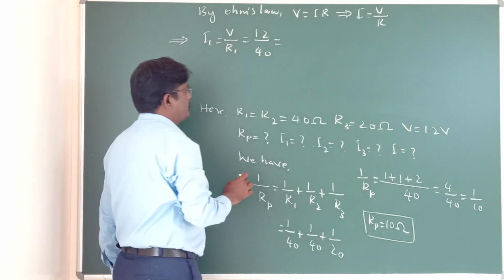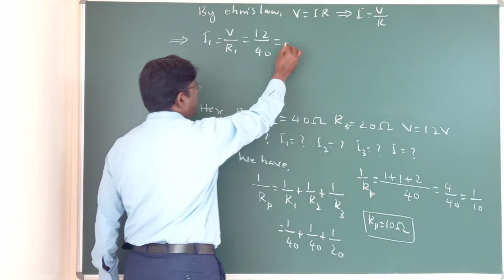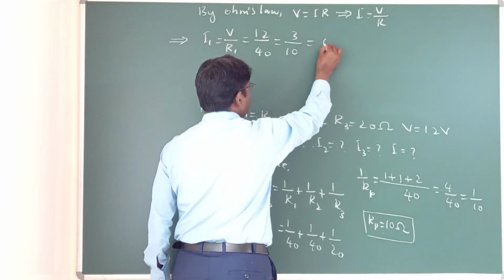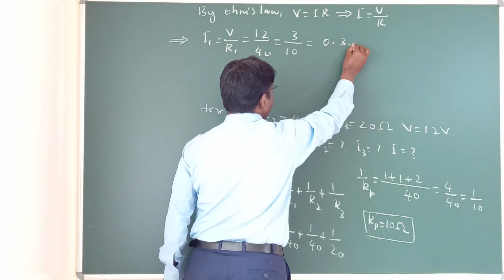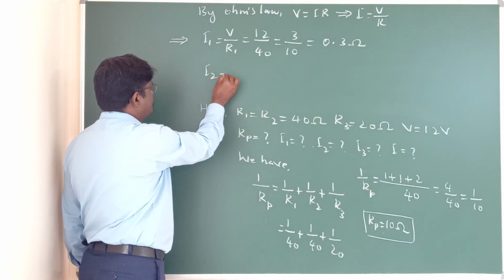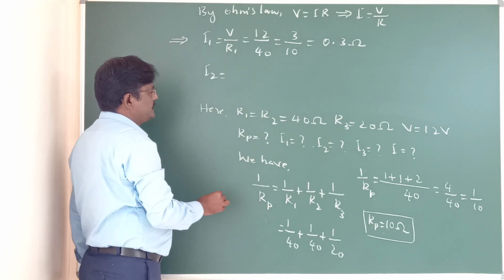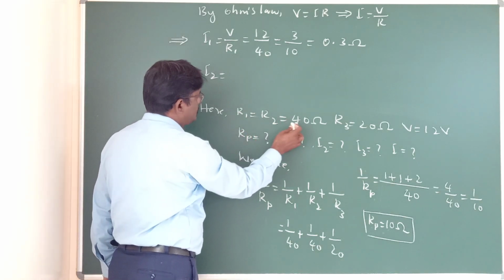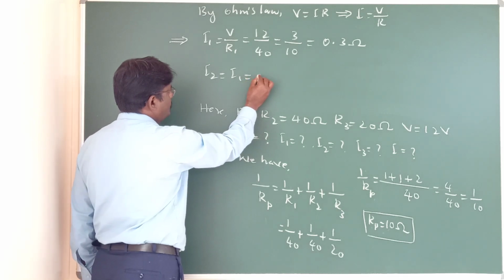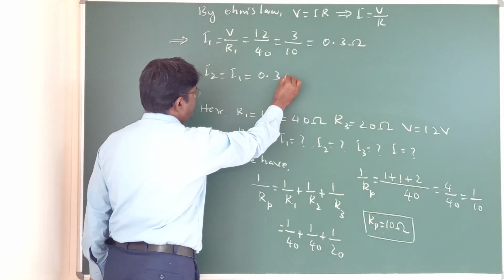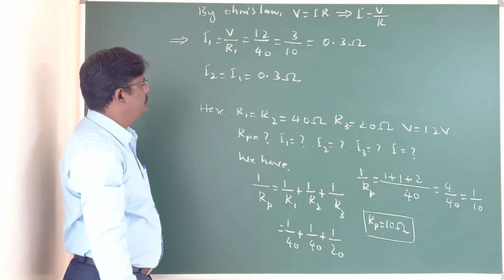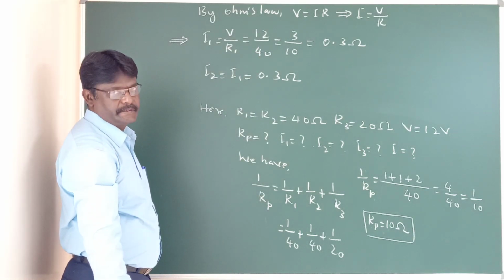It will be divisible by 4. 4 tens are 40, 4 threes are 12, hence very simple calculation, 0.3 ampere. I2, the current through the second resistor: since R1 and R2 are the same, I2 will be equal to I1, which is 0.3 ampere. Or once again, writing that equation and substituting, we will get the same answer.